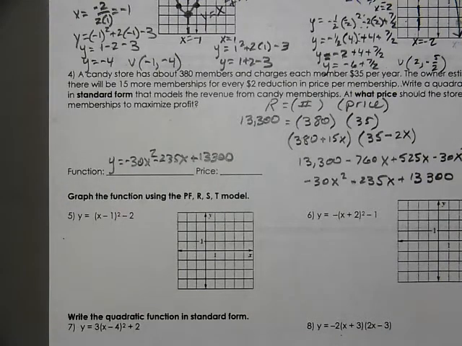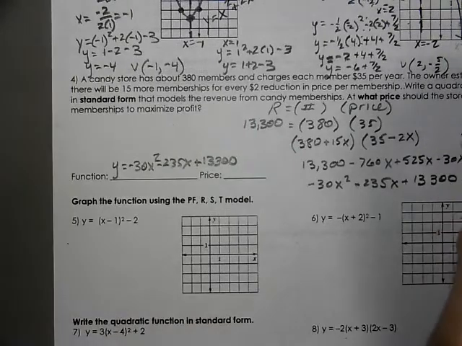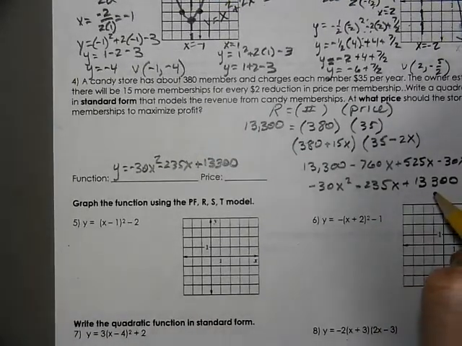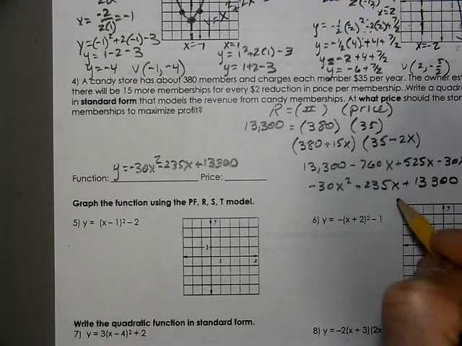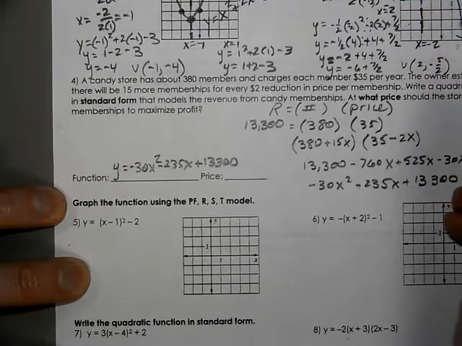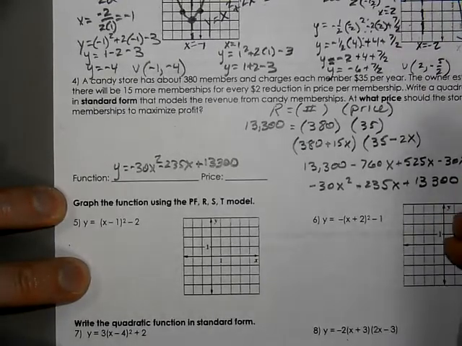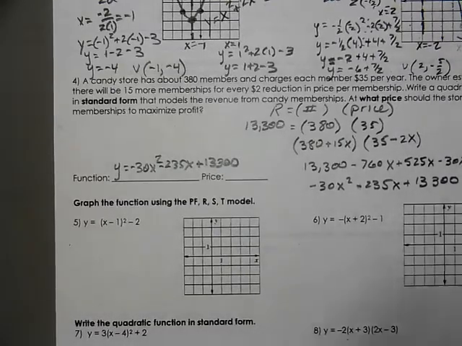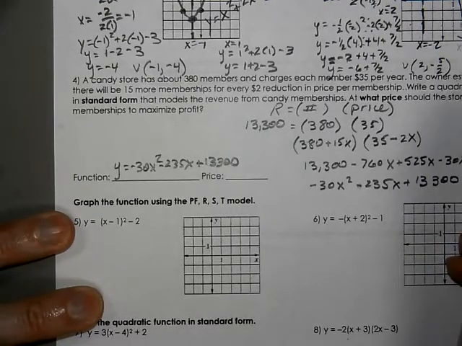Now, what price do we need to maximize it? We can either use negative b over 2a. That would tell us the amount that we're changing by. So negative 235 divided by 2 times a. We're going to get an x value of almost 4.